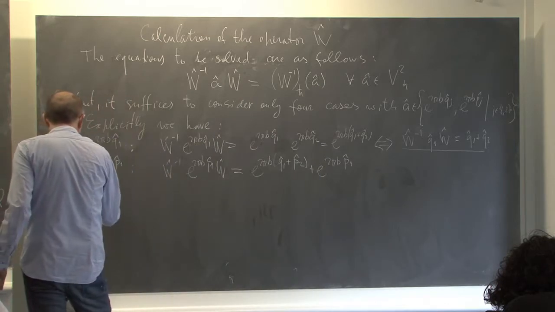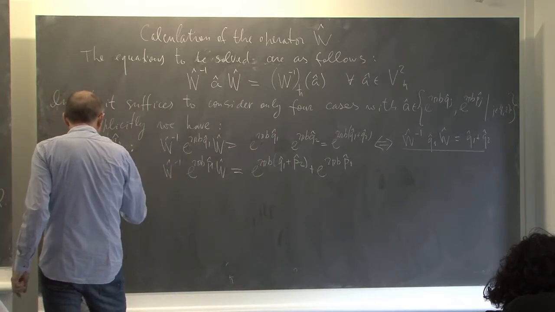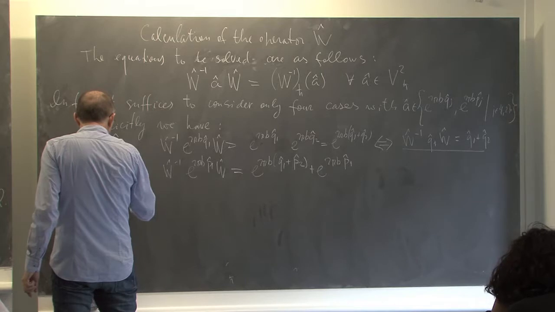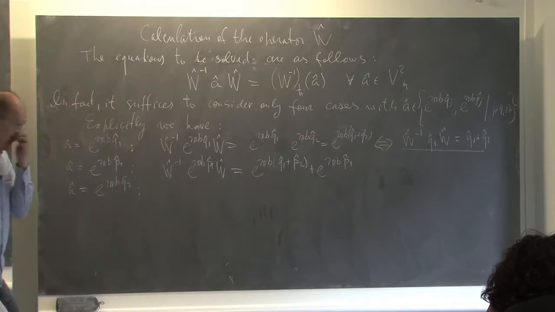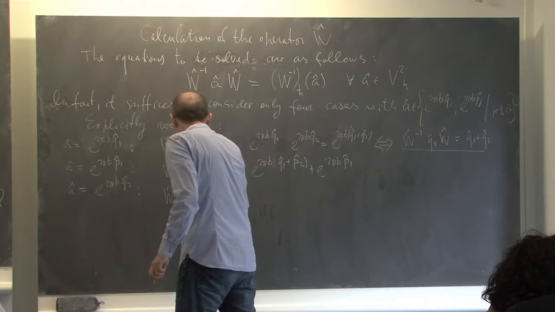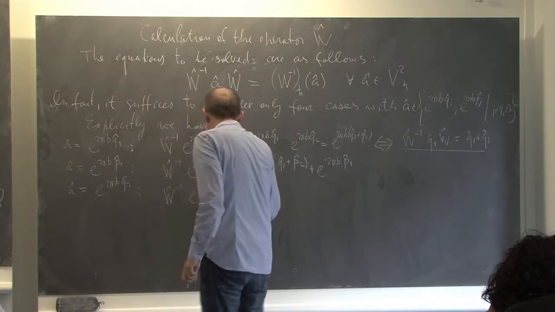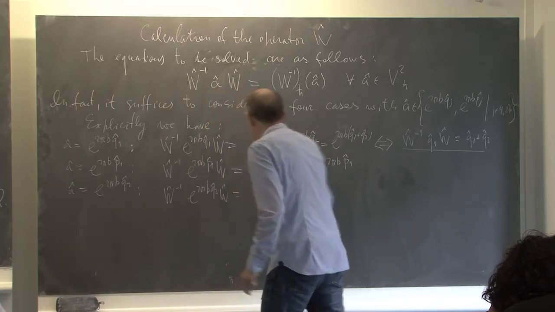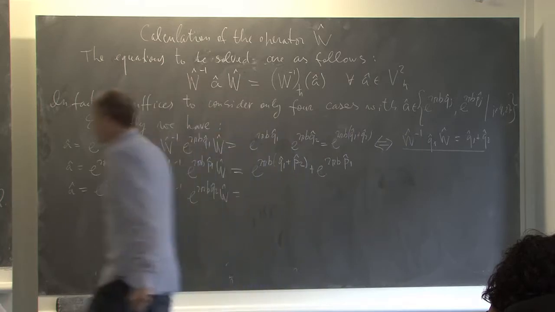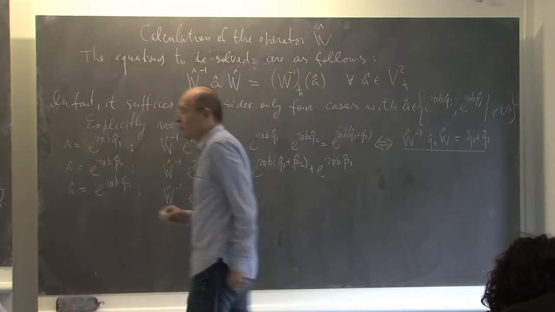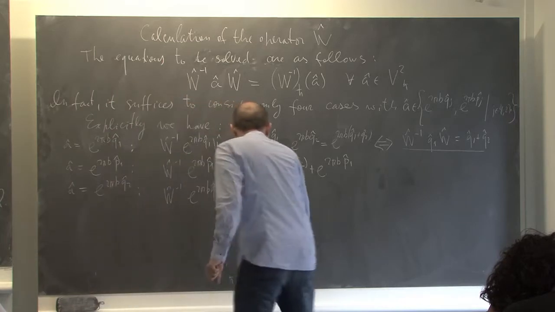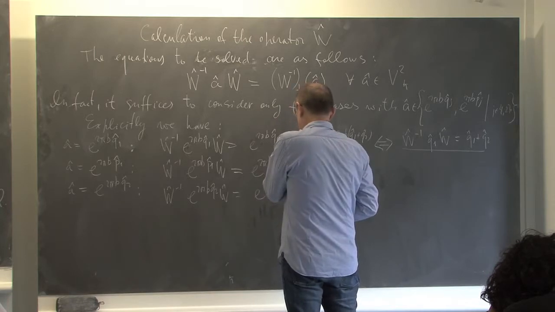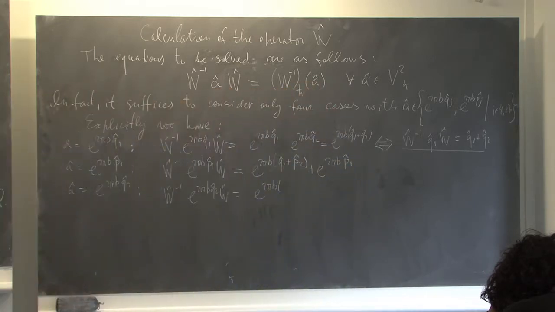Two more cases. A hat equal E 2 pi B Q2. So then in the left-hand side, we have E 2 pi B Q2 conjugated by W inverse. On the right-hand side, we write out the answer. So what did we have there? I think we had E 2 pi B... No, I don't remember.